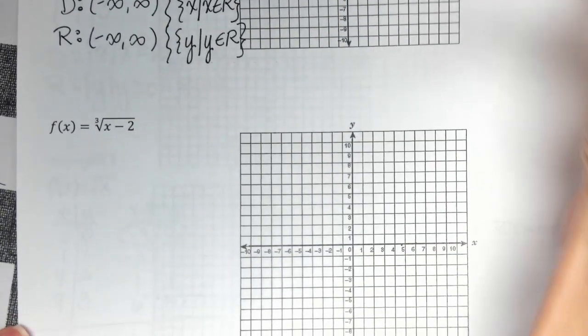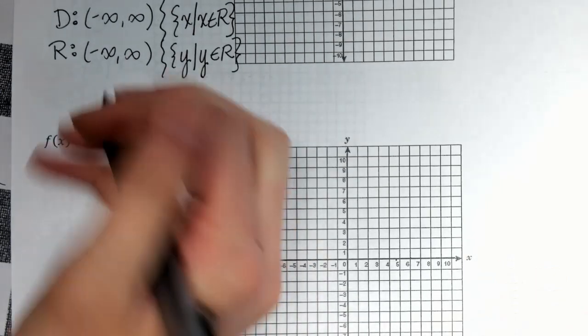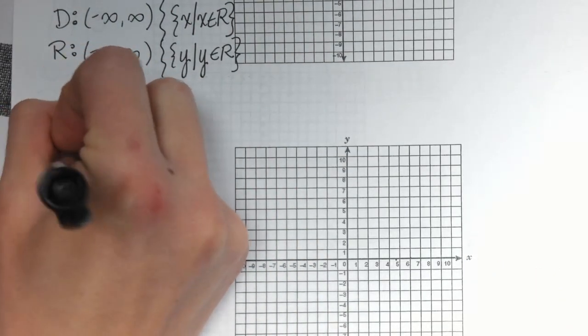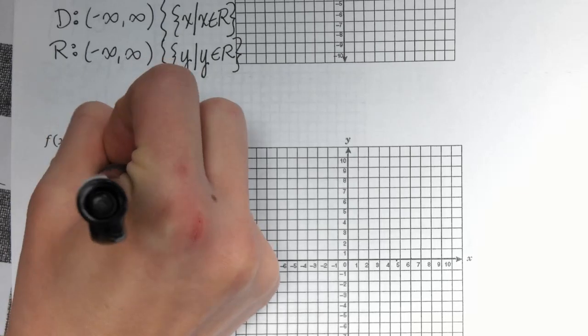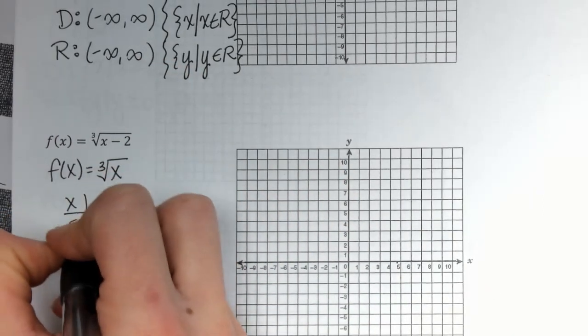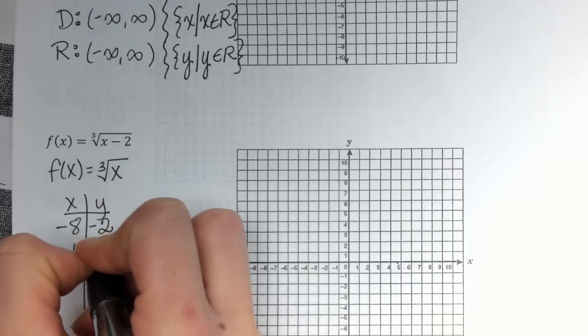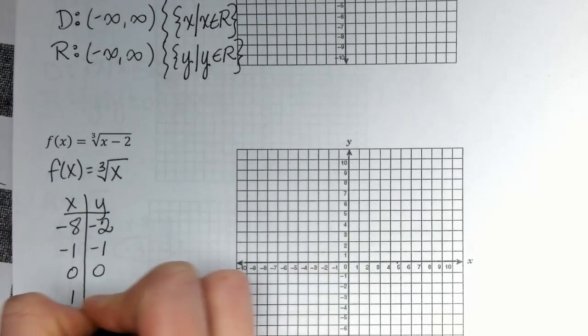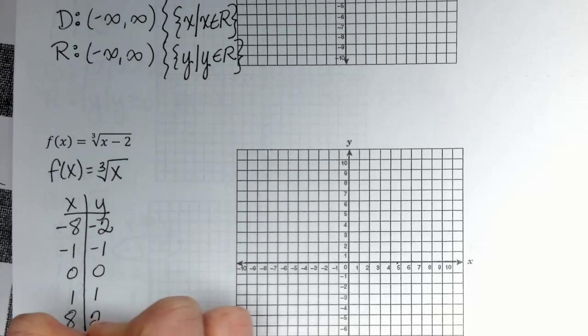So, if I'm looking at the cube root of x minus 2, I'm going to do my parent function, f of x equals the cube root of x, first. So negative 8, negative 2, negative 1, negative 1, 0, 0, 1, 1, 8, 2.